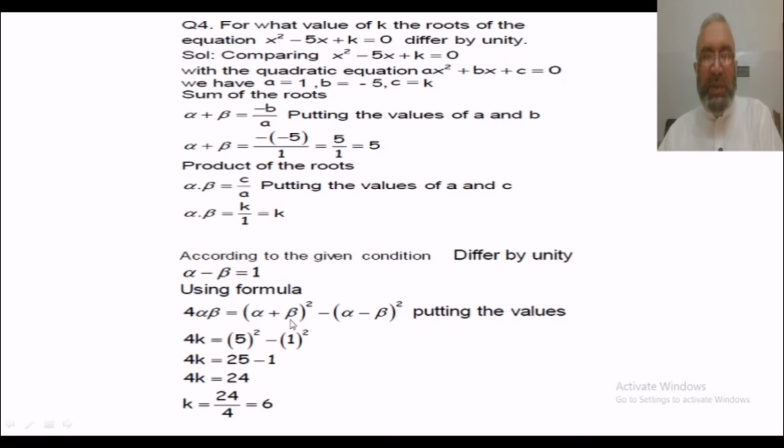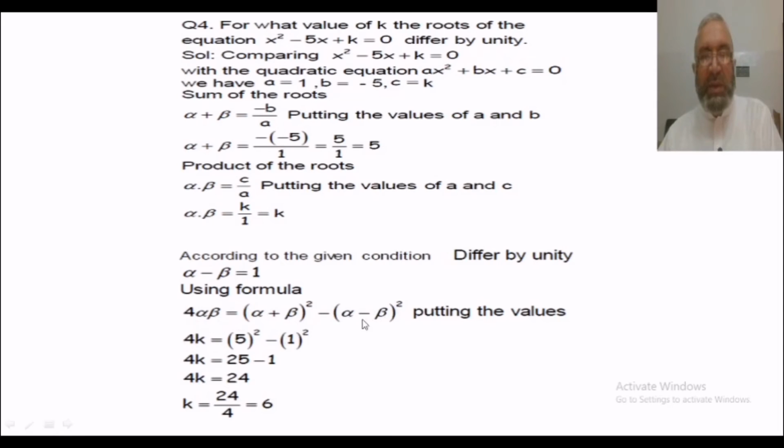That is, alpha plus beta whole square minus alpha minus beta whole square is equal to 4 alpha beta. We have already proved in previous classes that a plus b whole square minus a minus b whole square is equal to 4ab. So that's the same form. Here, instead of a and b, we write alpha beta.